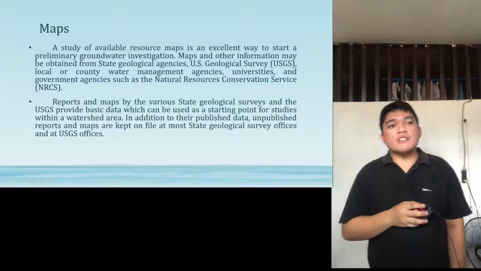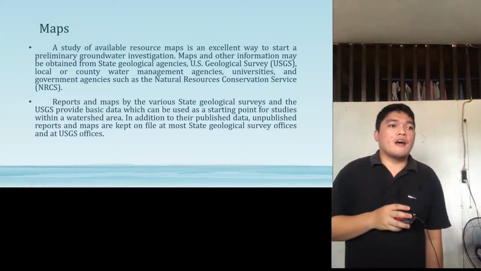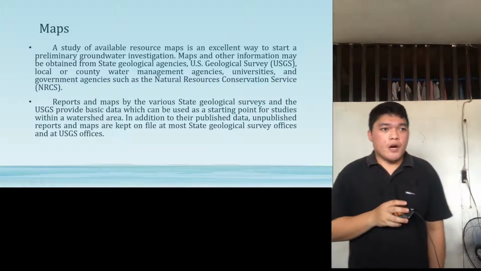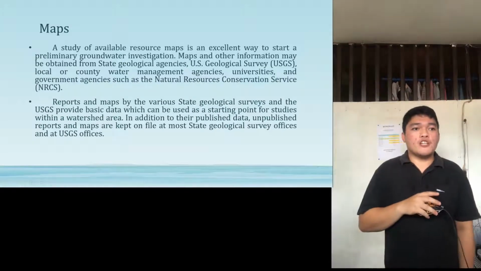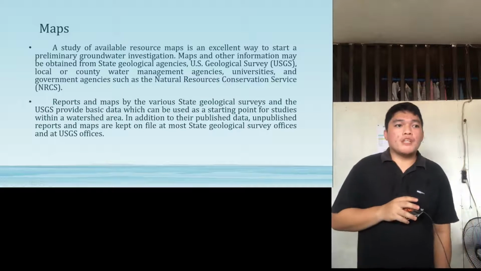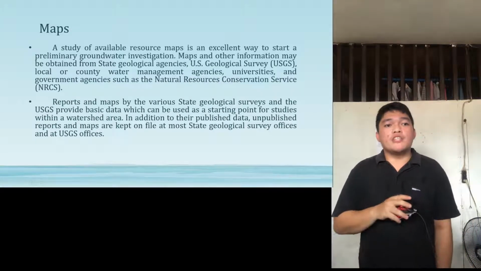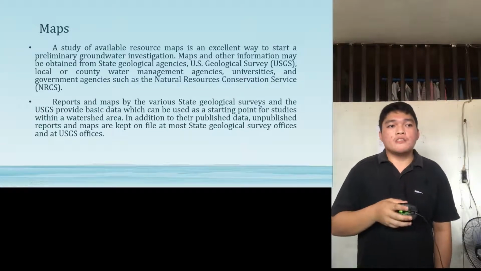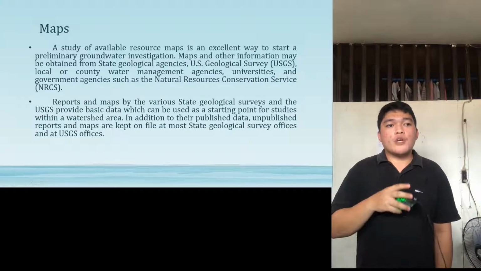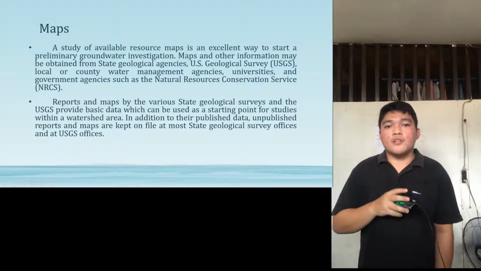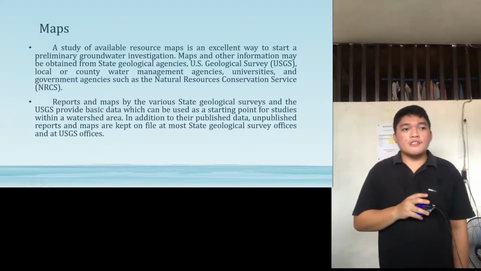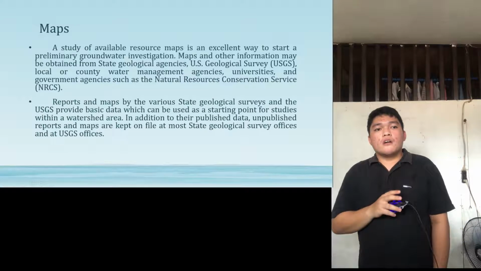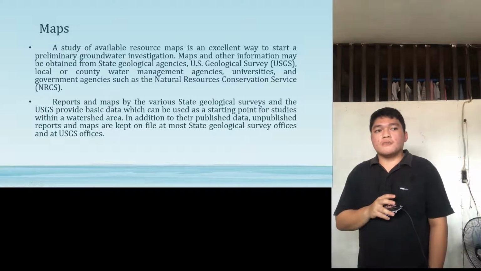A study of available resource maps is an excellent way to start a preliminary groundwater investigation. Maps and other information may be obtained from state geological agencies, U.S. Geological Survey, local or county water management agencies, universities, and government agencies such as the Natural Resources Conservation Service.